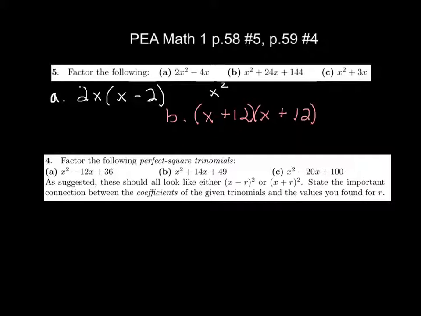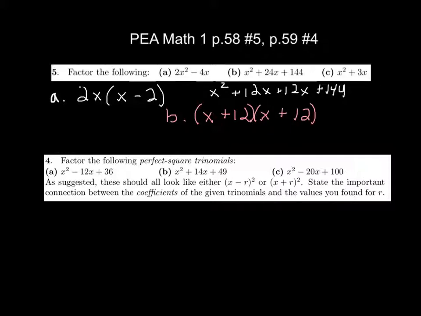We would go x times 12 is 12x. 12 times x is 12x. Oops, should have put an x right there. And then 12 times 12, which is 144. And we see that it works.